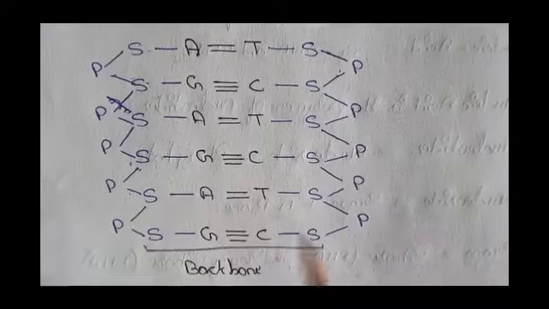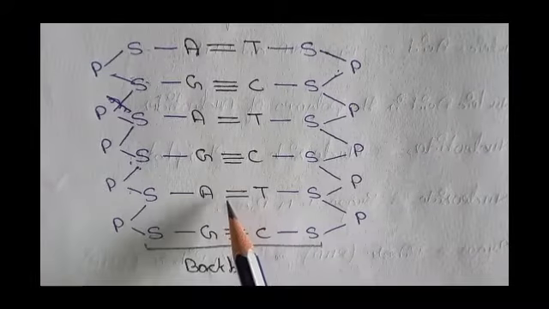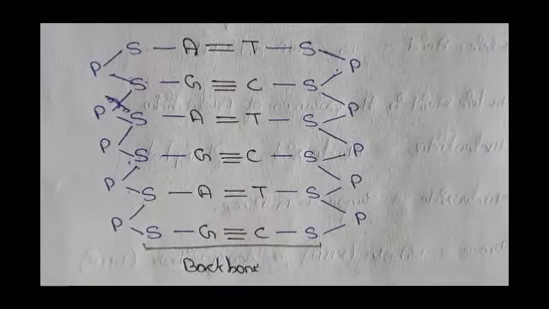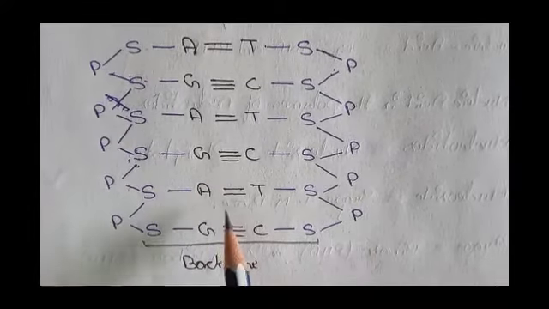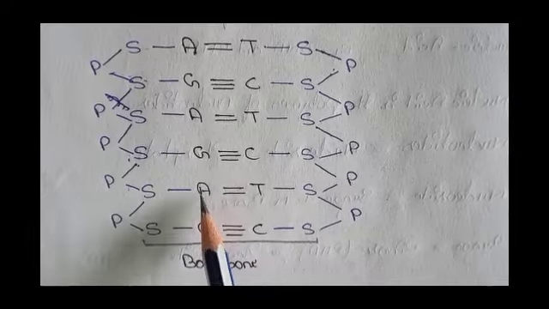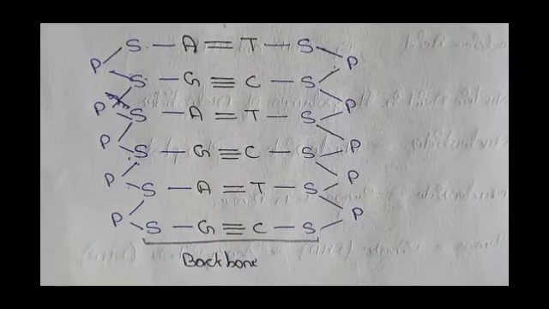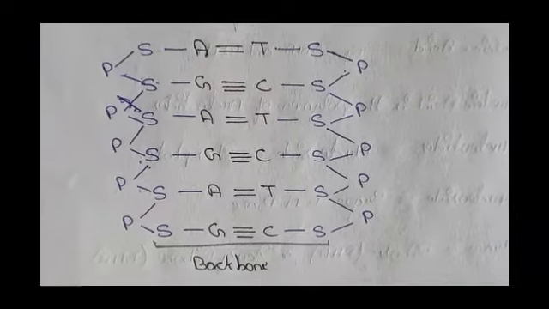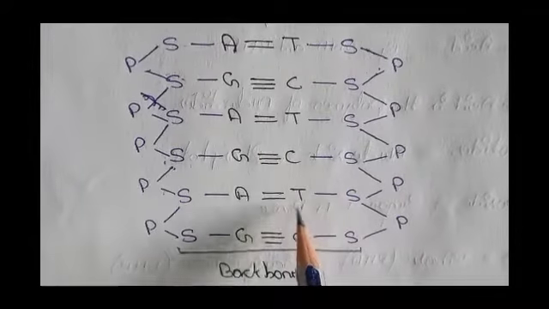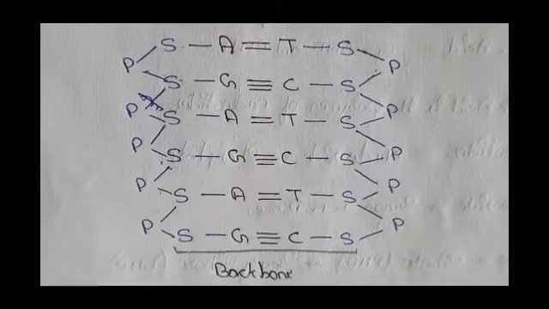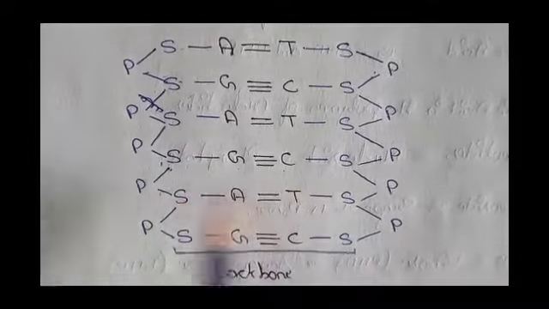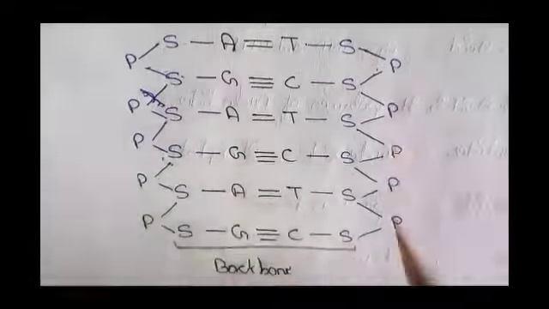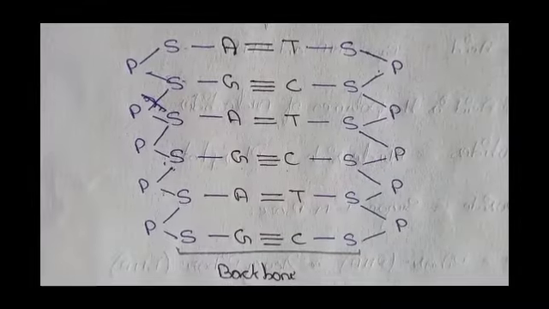Okay, so in the previous topic we studied that adenine is bonded by a double hydrogen bond with thymine, and guanine is triple hydrogen bonded with cytosine. These two are diester bonds.